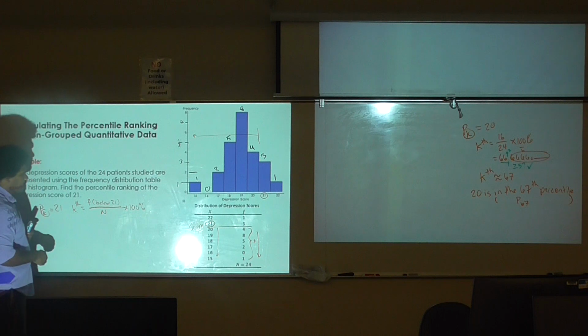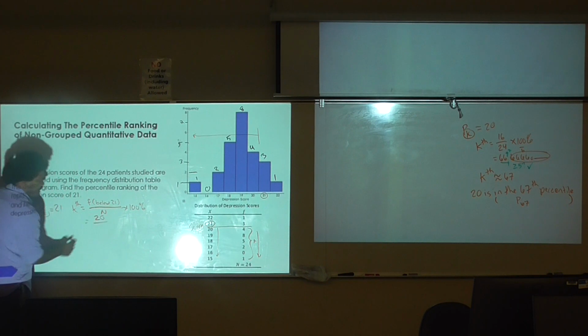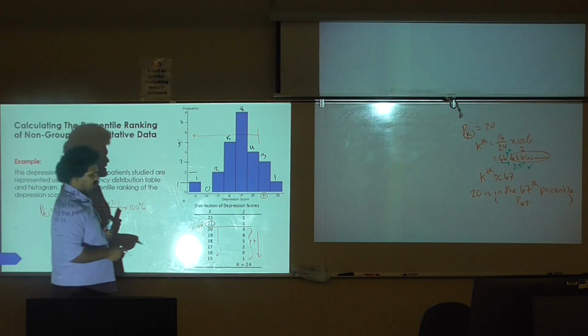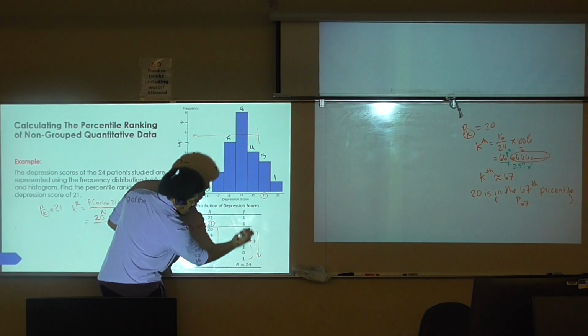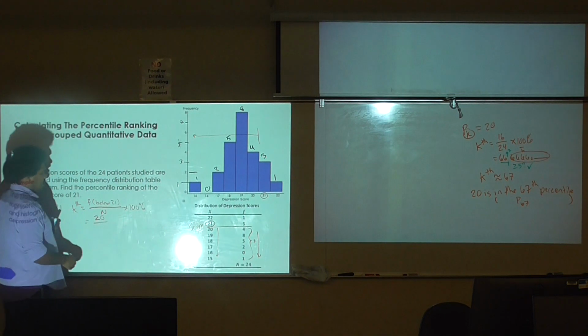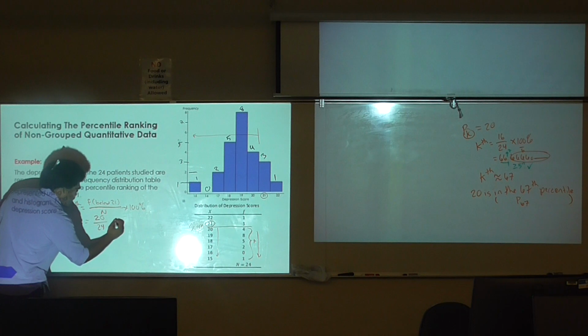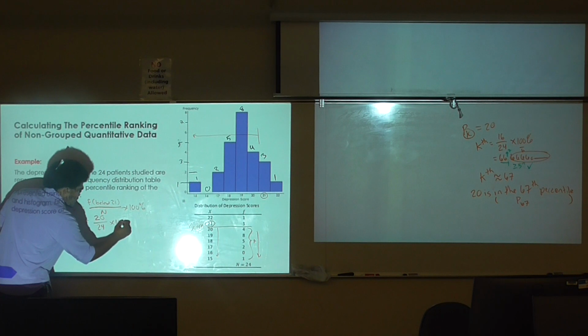So we're looking at 20. If n isn't given, all you need to do is add up all the frequencies, and we get 24, and then times by 100.